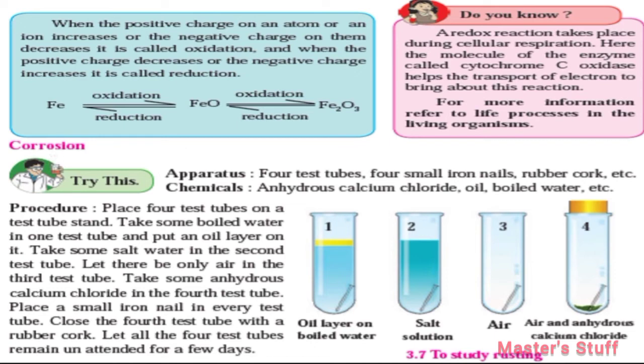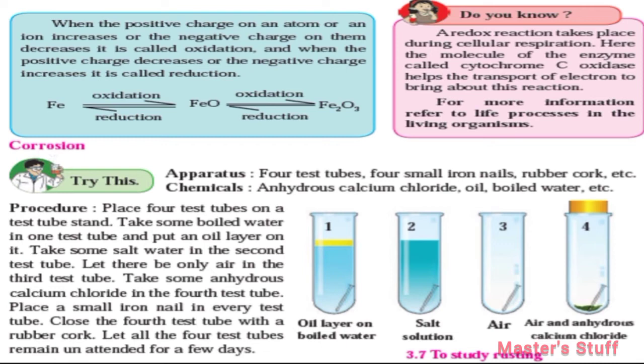Corrosion. To understand corrosion, let us perform an activity. Follow the procedure. Place 4 test tubes on a test tube stand. Take some boiled water in one test tube and put an oil layer on it. Take some salt water in the second test tube.